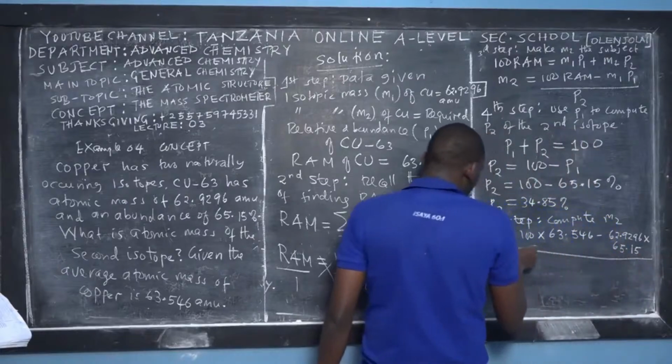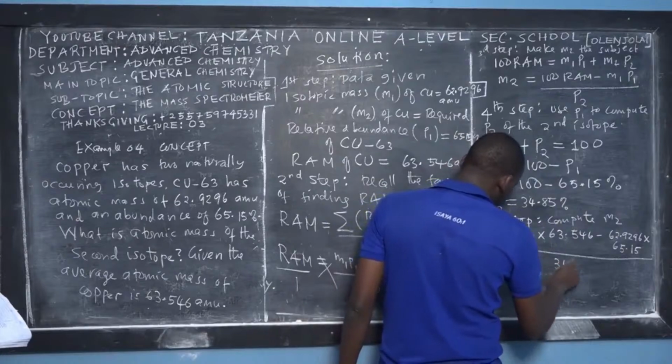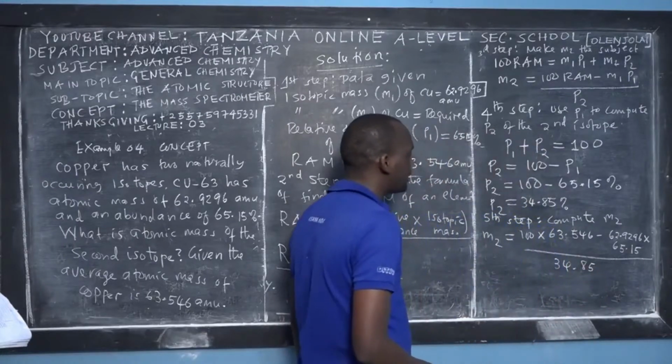The answer of the numerator will be divided by 34.85, the second percentage.